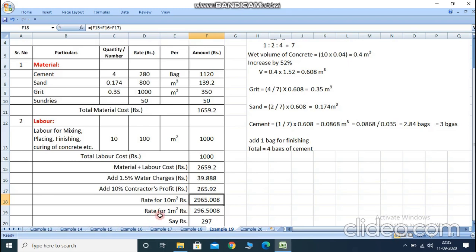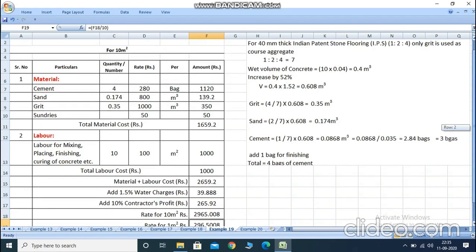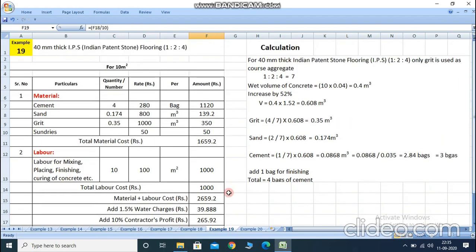So for per 1 meter square, the rate is 2965.008 divided by 10. So the rounded-up figure, we take 297 rupees as the IPS rate for 1 meter square area of ratio 1:2:4.